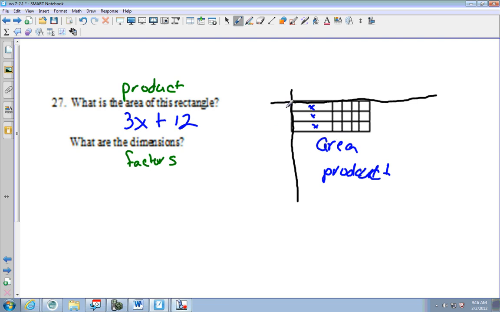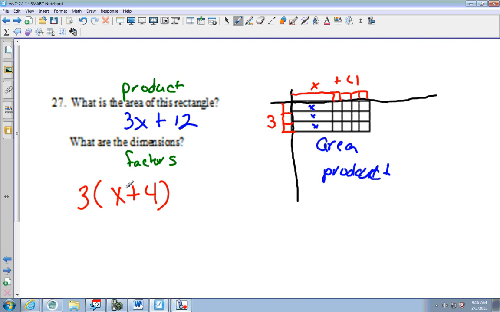Now, this right here for the dimensions, the factors, if I continue my lines, what do I have here on the side? That's 3 units. Across the top is an x. 1, 2, 3, 4, plus 4. So my dimension is 3 times x plus 4.